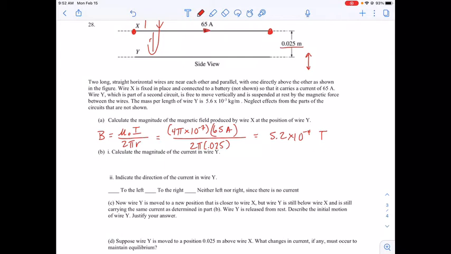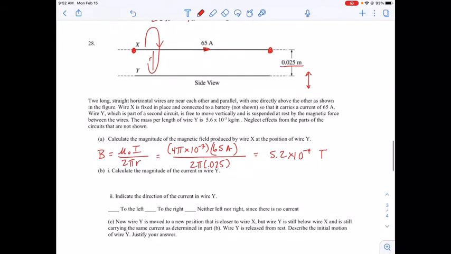All right. So the magnitude, let's see. The magnitude of the current in wire Y is created by the magnetic field from the top wire.